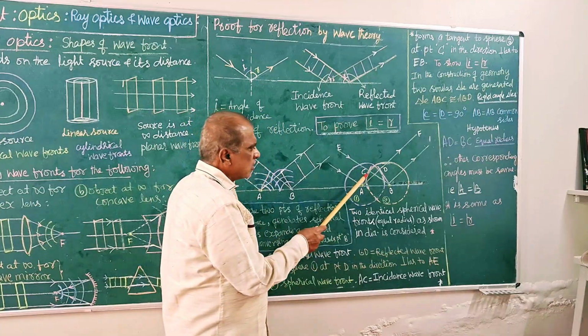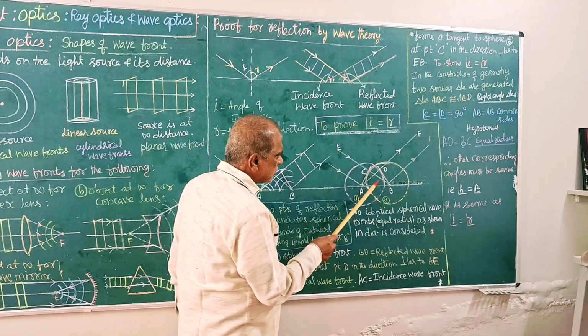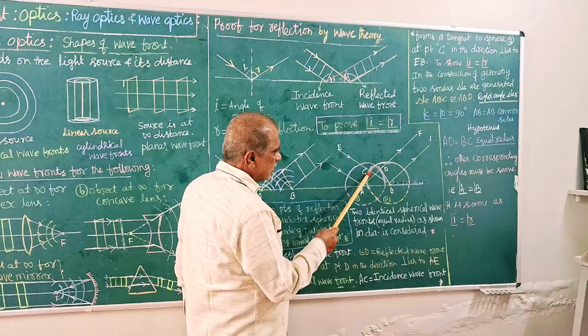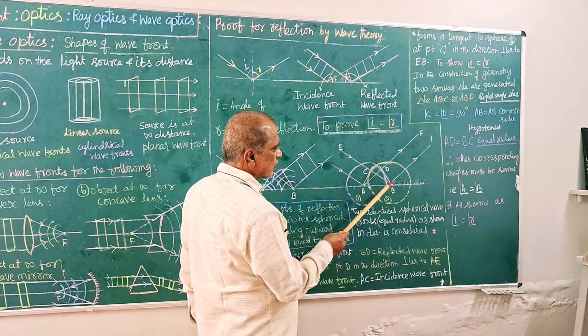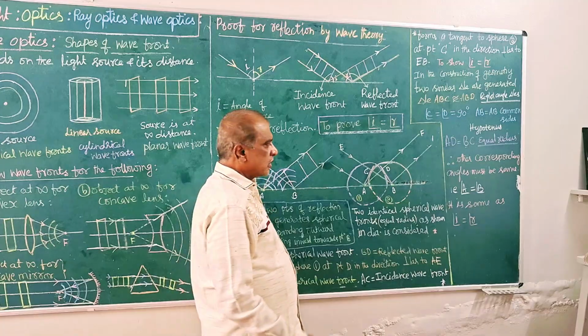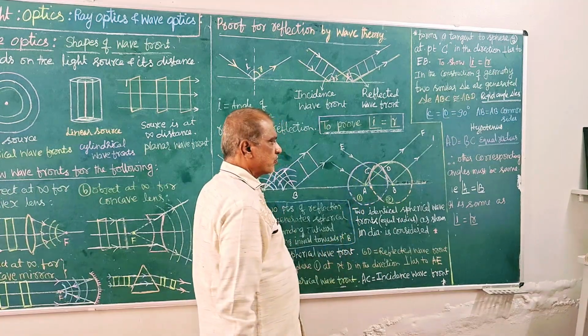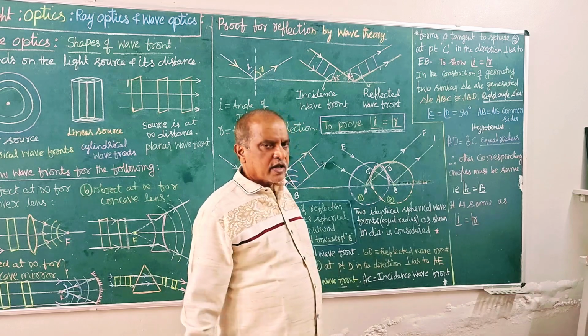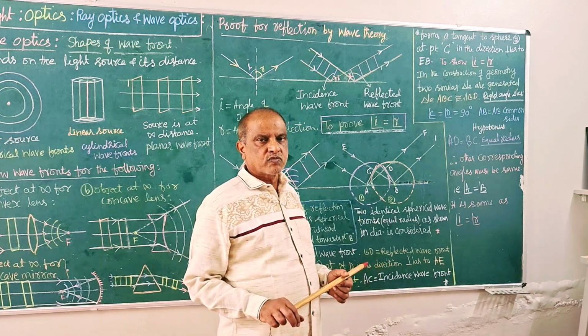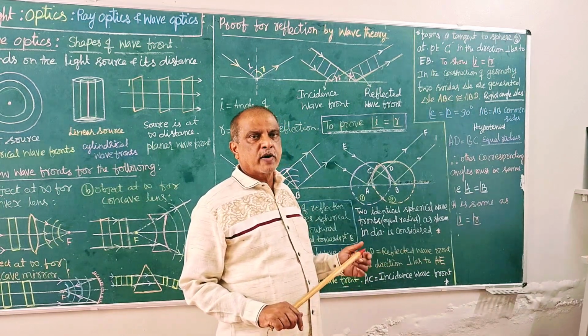And one more, these distances are also the same because the wavefront is of the same length. And also these two angles are the same. Remaining, they are similar triangles, and the remaining corresponding angles are the same.